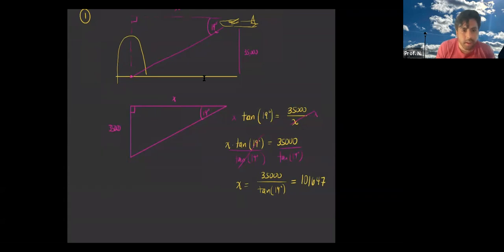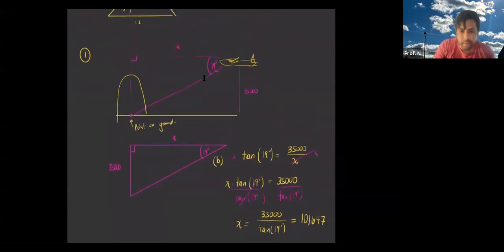So pardon me, this is actually part B. What we calculated was the distance between a point on the ground, so this is the point on the ground, and yeah, we found the distance from the point on the ground to the plane.